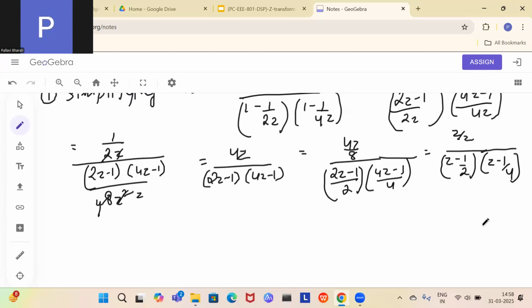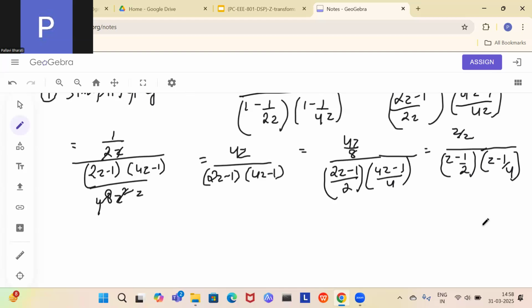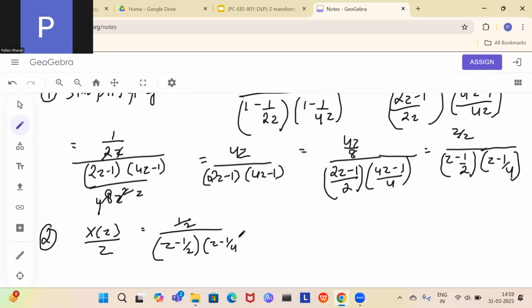After that, the second step is that you have to take out X(z) divided by z, that is X(z) by z. This whole thing that is coming over here is X(z), and this z you need to bring down. So we write X(z) by z, and we are left over here with half by z minus half into z minus 1 by 4.